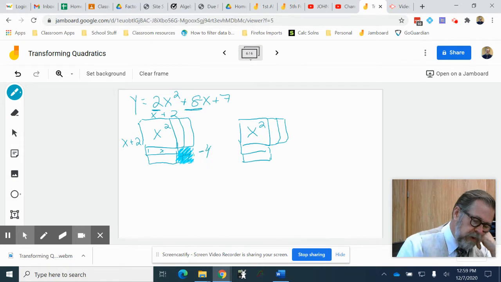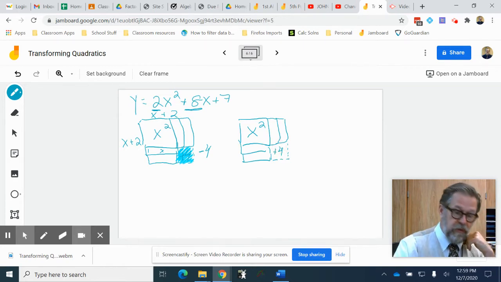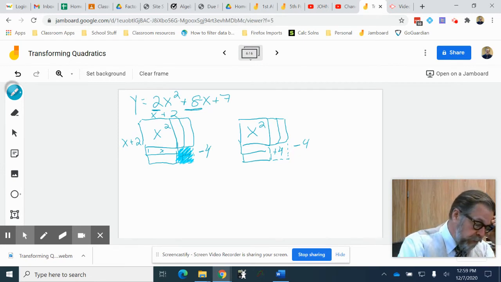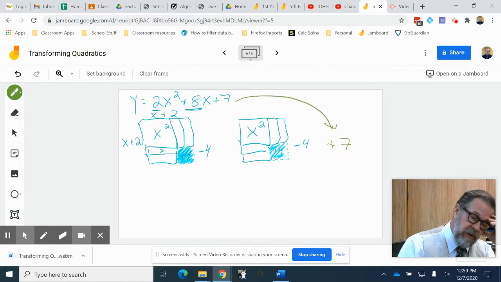And so I'm going to subtract 4 to balance out the 4 that I just added. I'm doing this twice, so I'm filling this in with 4 units, subtracting 4 to balance out the 4 that I added in order to make that into a square. And I'm going to bring my 7 over and just write plus 7 off to the side.